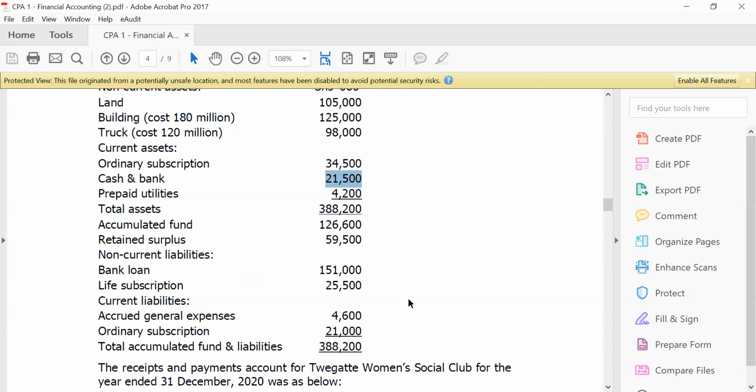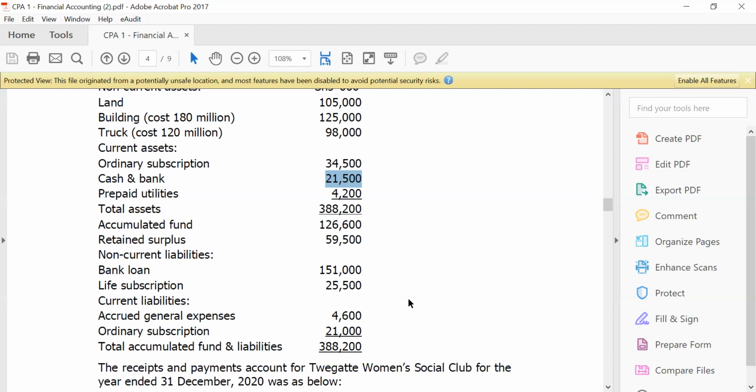So for example, let me say I'm part of a club, and just look at it from the club perspective, I contribute, let's say, 10 million to the club as life subscription. So when I contribute 10 million to the club, that 10 million is for 10 years.